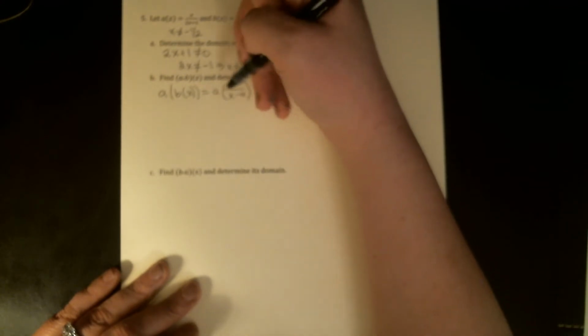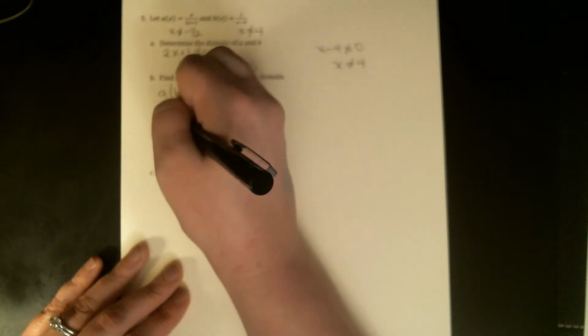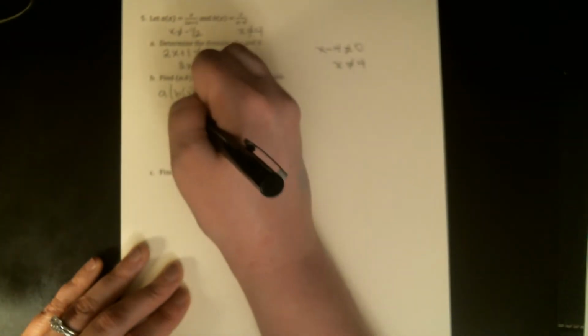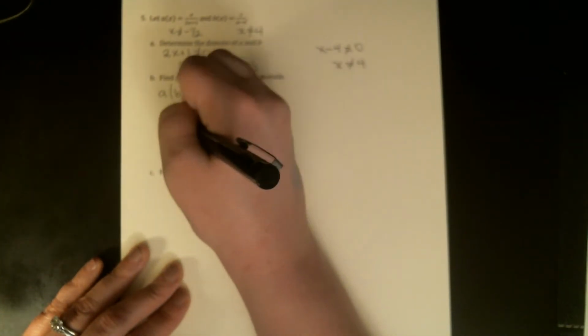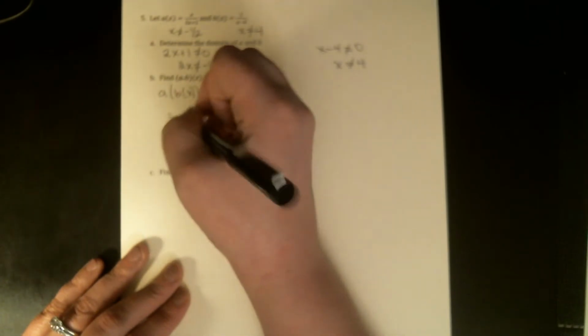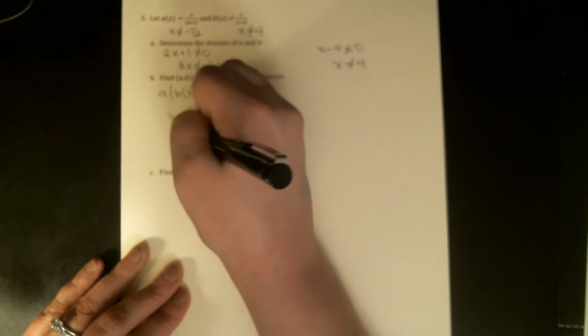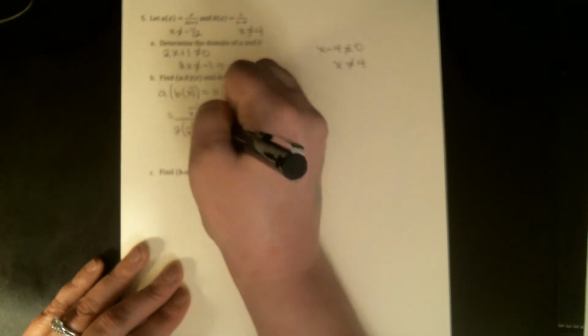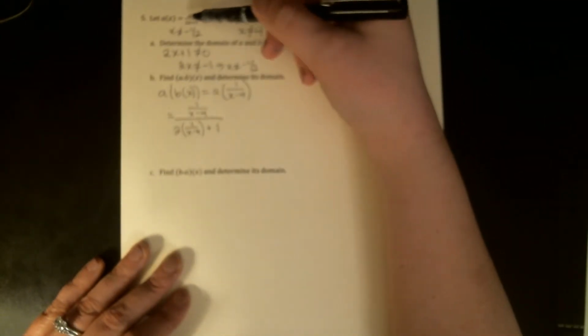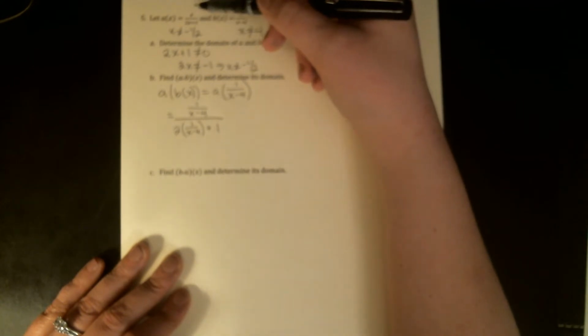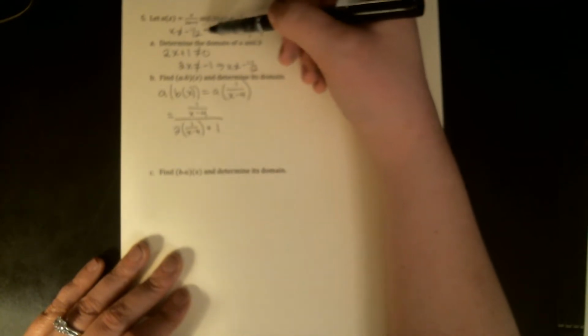Next, take the 1 over x minus 4 and plug it into function A, and we're going to get 1 over x minus 4 in the top of the fraction, and 2 times 1 over x minus 4 plus 1 in the bottom of the fraction. So function A takes whatever you give it, builds a fraction with your input on top, 2 times your input plus 1 on the bottom.